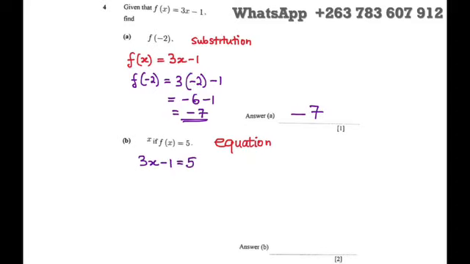So this is an equation. Now let's solve it. 3x minus 1 is equal to 5. So 3x is equal to 5 plus 1, which is 3x is equal to 6. We divide by 3 both sides, which gives x is equal to 2. So our answer is 2.